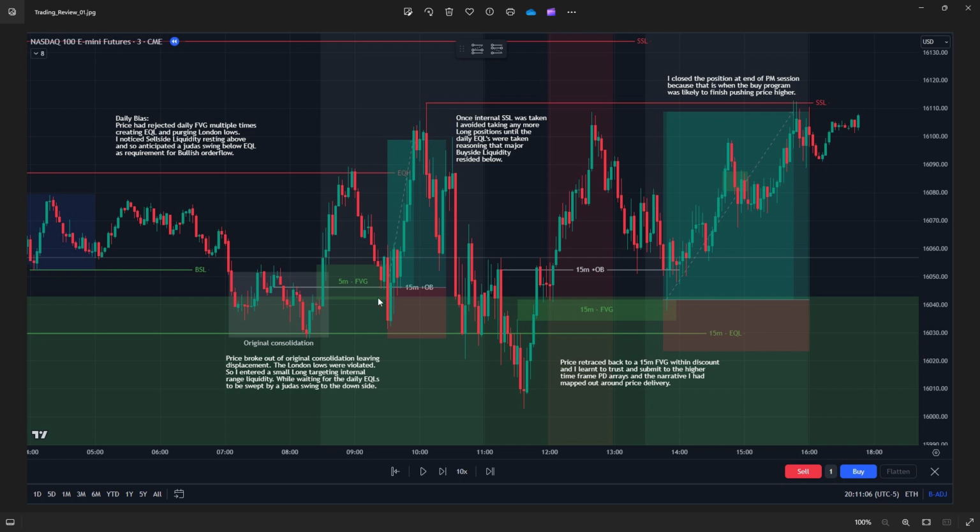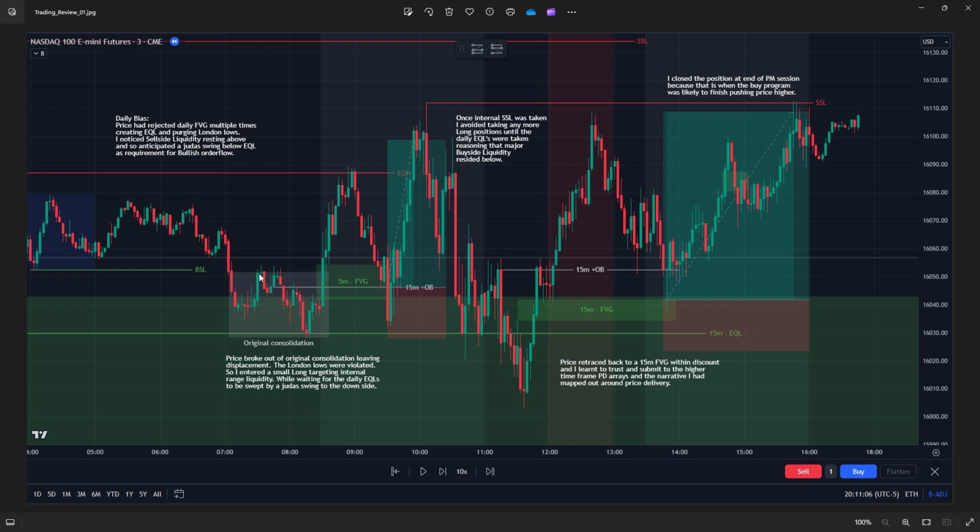taking the equal lows. This is something I added in hindsight: original consolidation. I don't fully understand how price moves from one thing to another, but I've seen ICT talking about original consolidation.